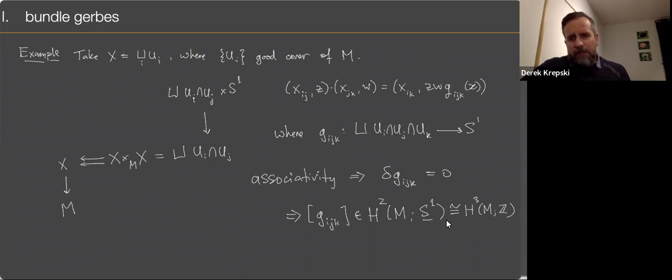And so that's how these particular examples anyway, it's easy to see that they model the cohomology classes in degree 3.